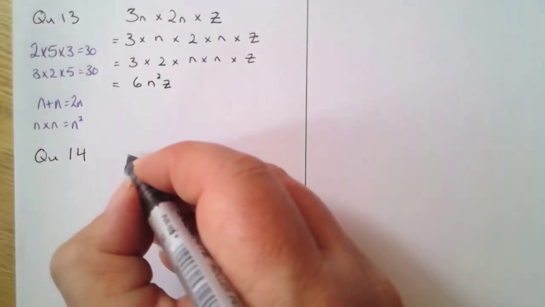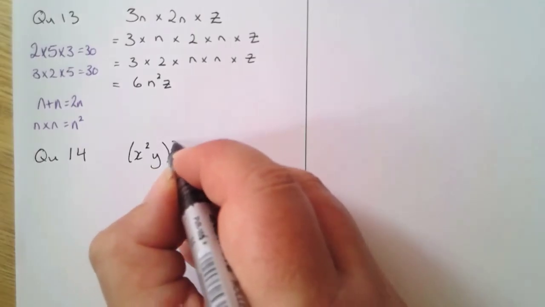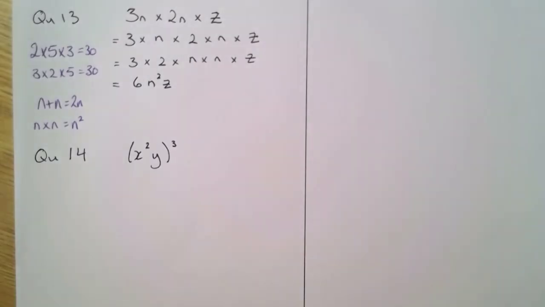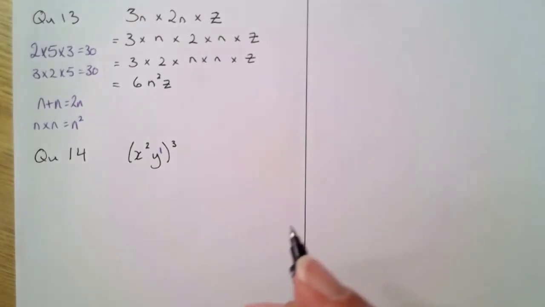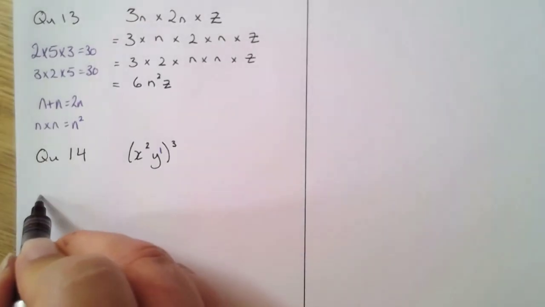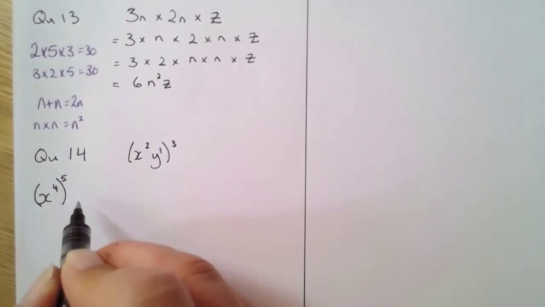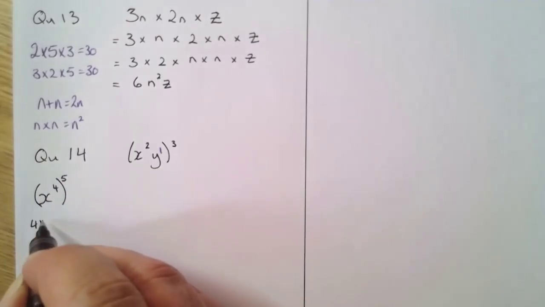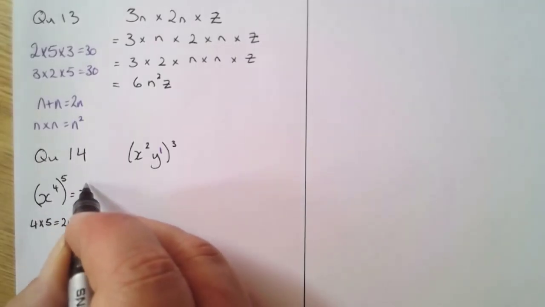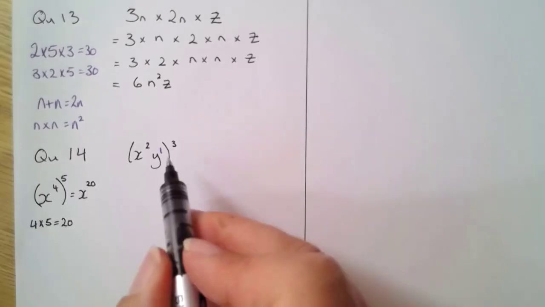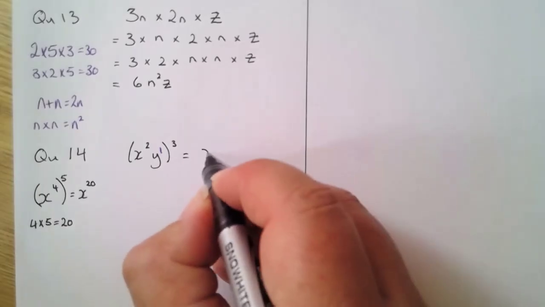Question 14, we are simplifying again. Now, we have to pay attention to that invisible 1 again. It doesn't have a number above it. It is a 1. We're looking at the rule x to the power 4, all to the power of 5. Well, this time we're taking 4 and we're multiplying by 5, which gives us x to the 20. Let me just write it out in full.